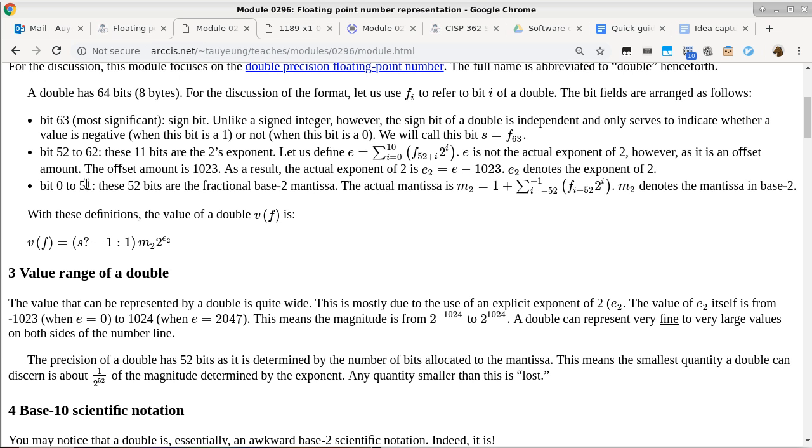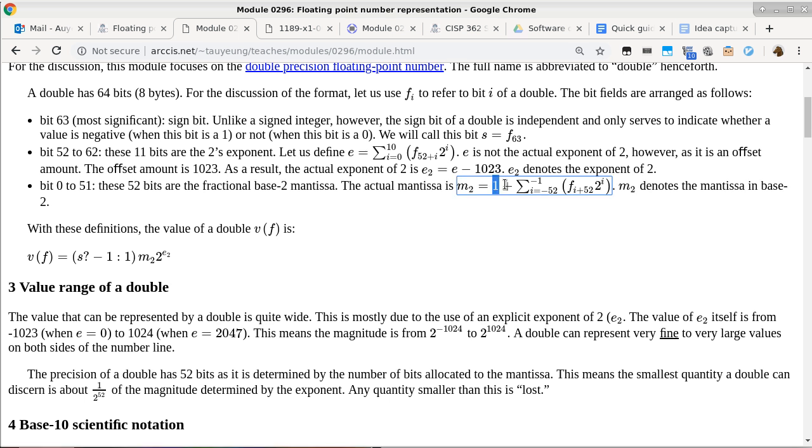So it says right here, we got bit 0 to bit 51, but this 1 plus is actually not a part of the representation in a double. Do you see that 1 plus being conditional to any bit inside a double? Is it multiplied by an f underscore something?